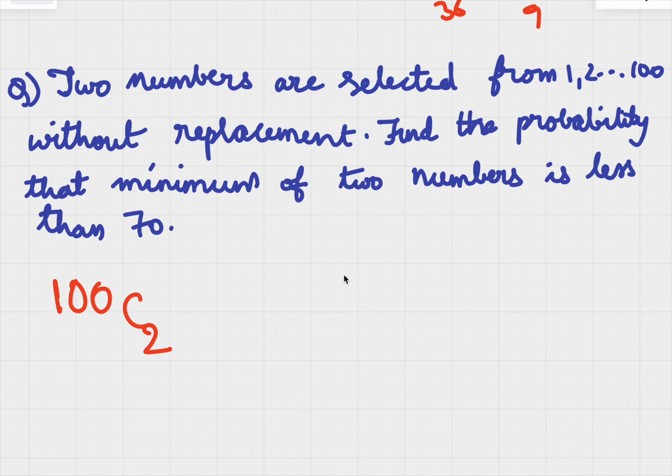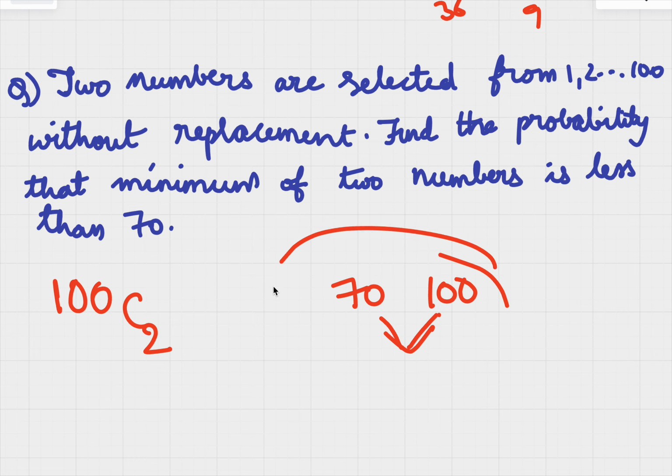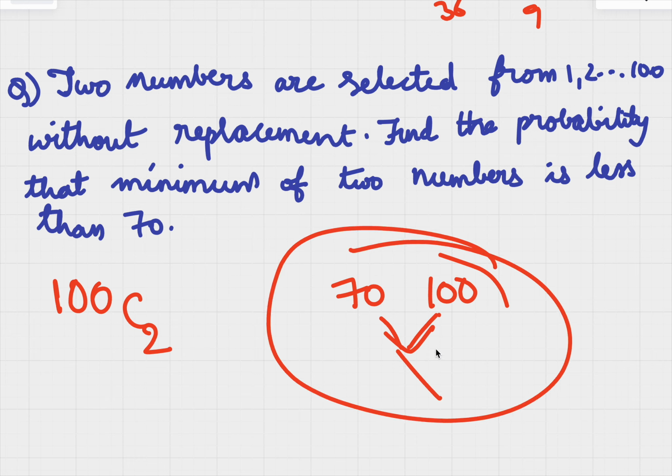So the minimum of those two numbers should be less than 70. That means when you pick those two numbers, they should not be from 70 to 100, because if you pick both the numbers from this range, the minimum also will be from this range. So this is the complementary event. We should not be picking from here.